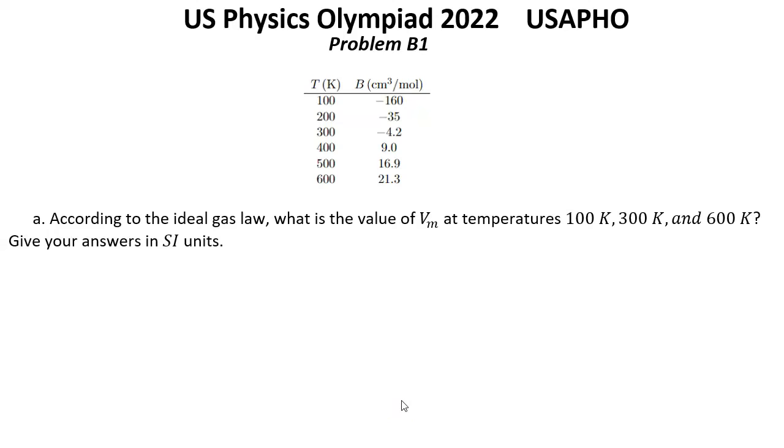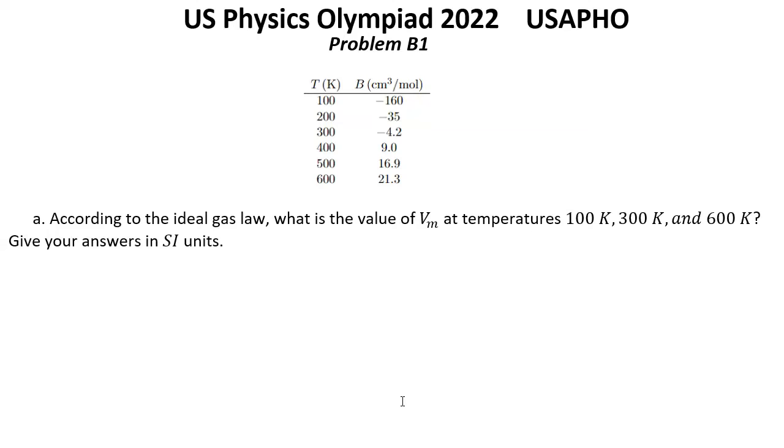Solution for question A. According to the ideal gas law, what is the value of V_m at temperatures 100, 300 and 600 kelvins? Give your answer in SI units. Solution.